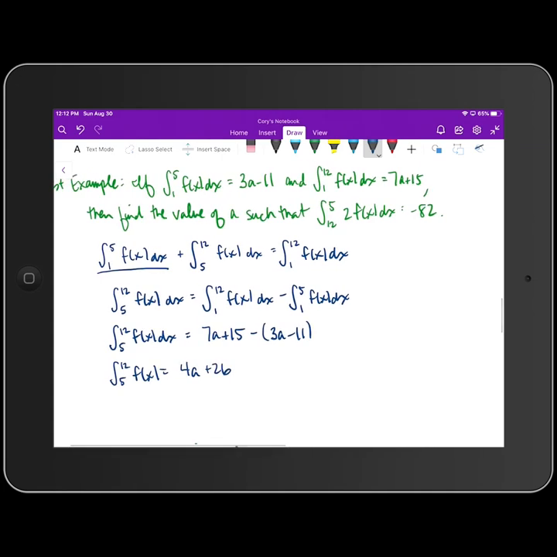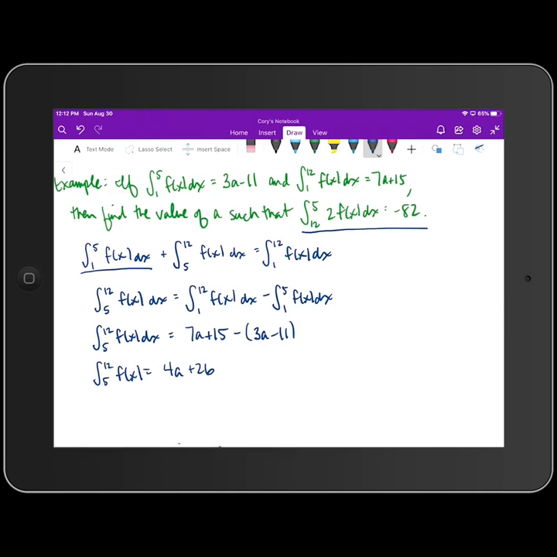Okay, now we want to take this integral expression and work with it. So we have the integral from 12 to 5 of 2 times f of x, which we're integrating with respect to x, equal to negative 82. What I want to do is take this integral here and make it look like that integral over there.